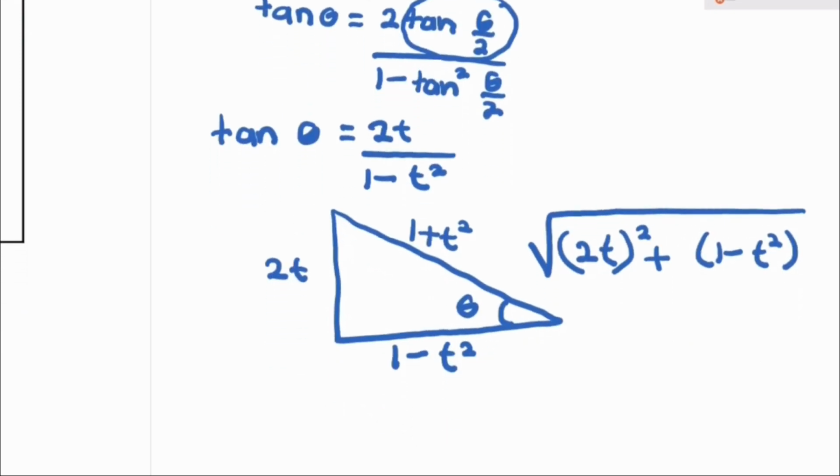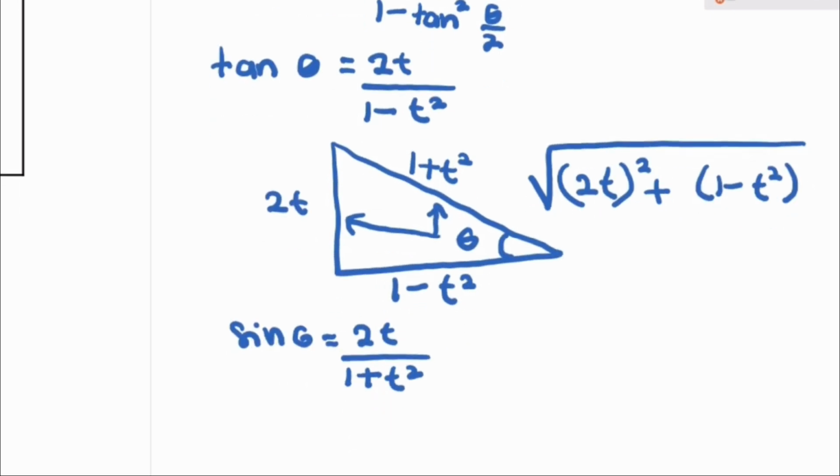So from the triangle, sin theta equals opposite over hypotenuse, so 2t over 1 plus t square. How about cos theta? Cos theta is adjacent over hypotenuse.